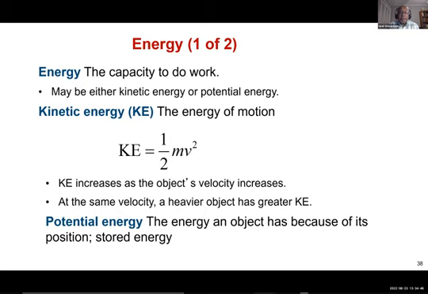A moving object has energy. It's called kinetic energy. Kinetic energy is calculated by 1/2 mass times velocity squared. So as the velocity increases, kinetic energy increases.